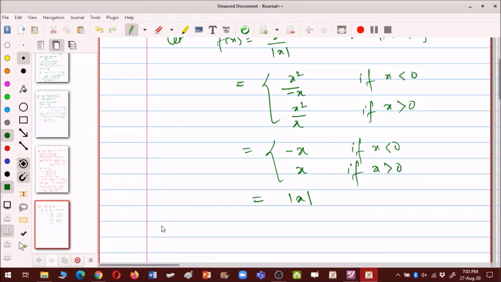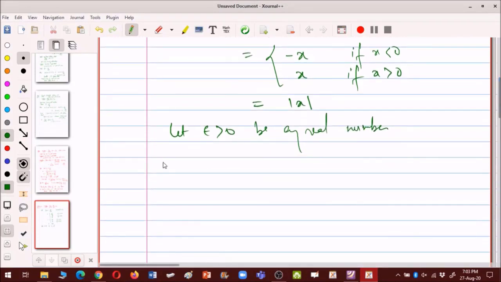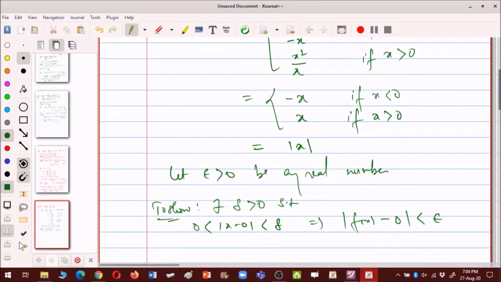So let epsilon greater than 0 be any real number. To show there exists delta greater than 0 such that 0 less than mod x minus 0 less than delta should imply mod f of x minus 0 less than epsilon. So this is what we have to show.